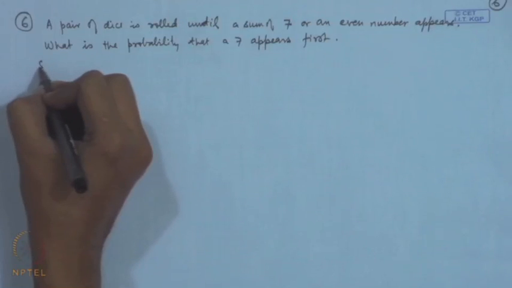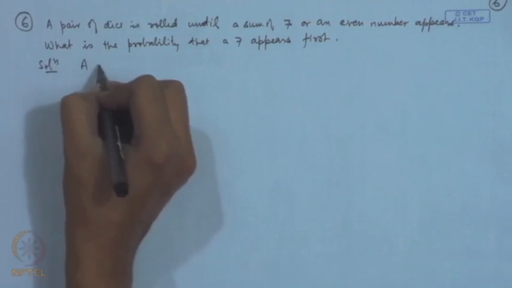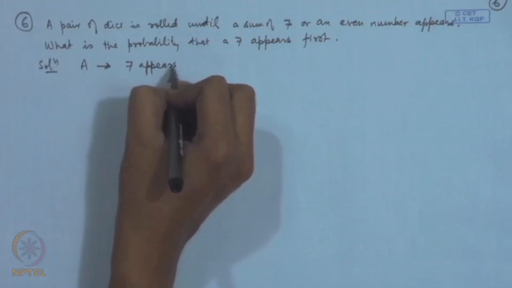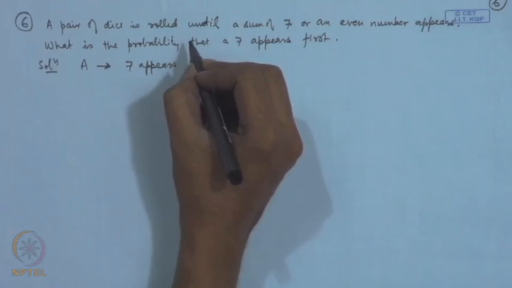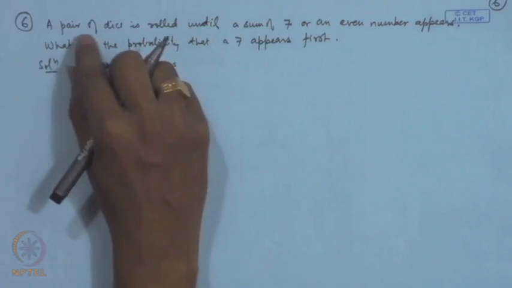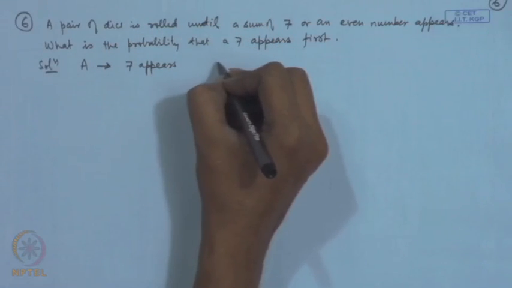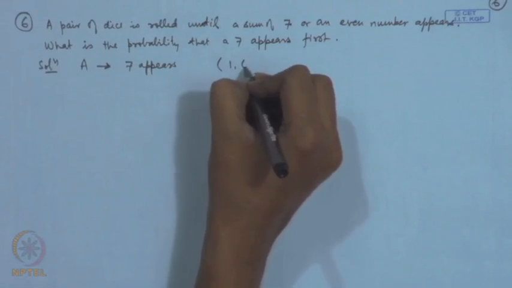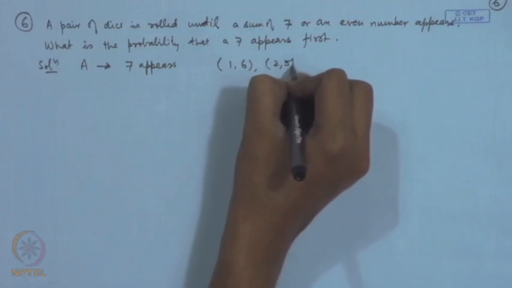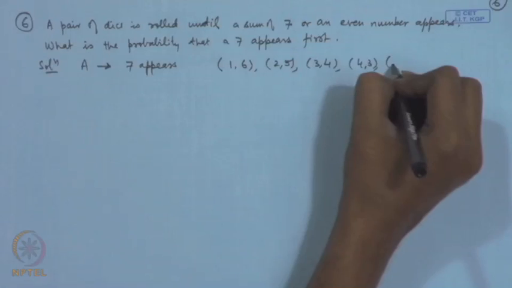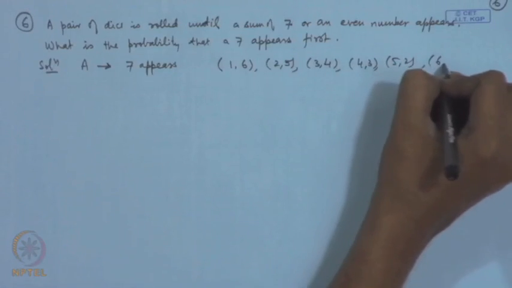So, let us define the events here. A as the event that 7 appears. A pair of dice, so we are looking at the sum. So, event A can happen as 1 6, 2 5, 3 4, 4 3, 5 2 or 6 1.